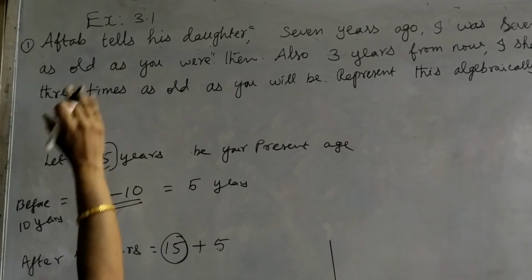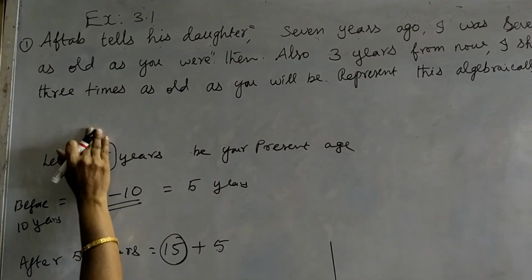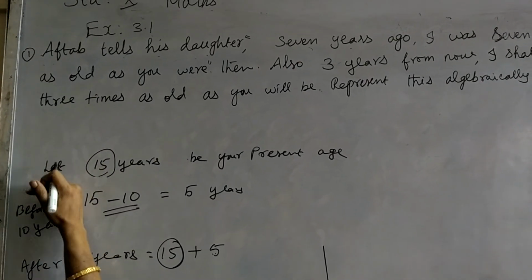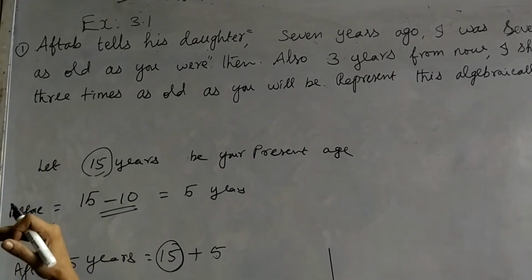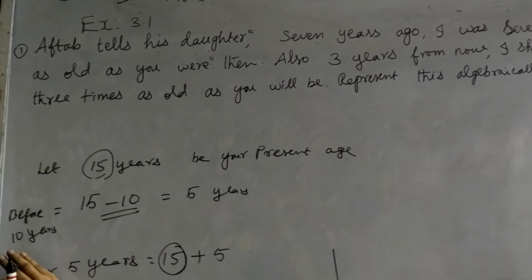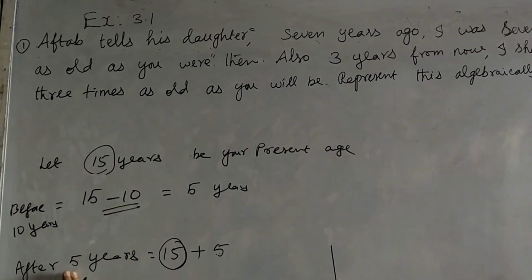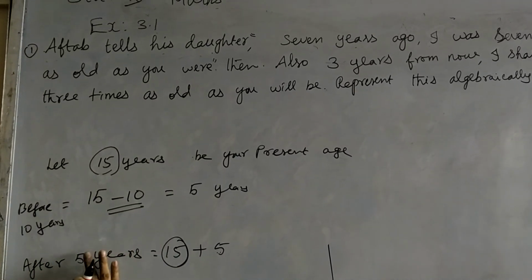In such equations, remember, x and y always should be taken for the present ages only. From the present age, we can find the age before and the age after. If it is before, definitely it was less, therefore we subtract. If it is after or hence, it will be more, so we should add. These are the concepts we should remember.